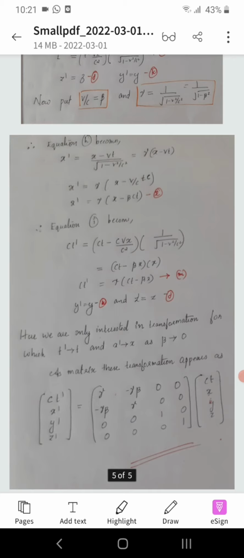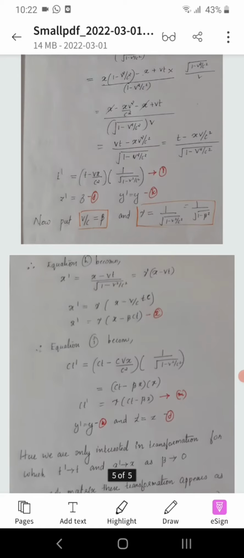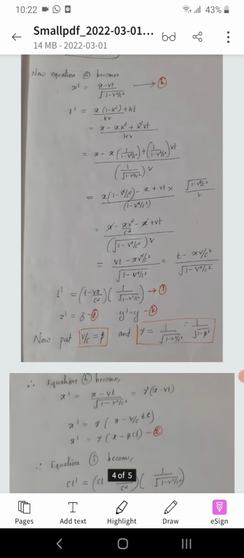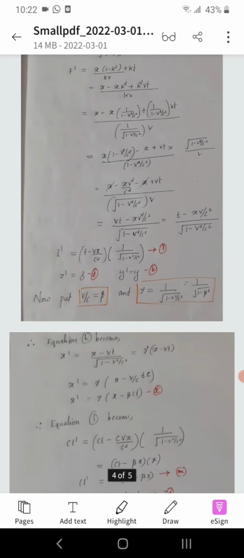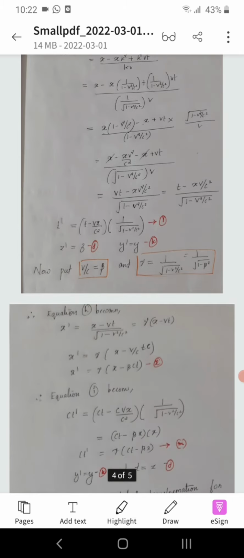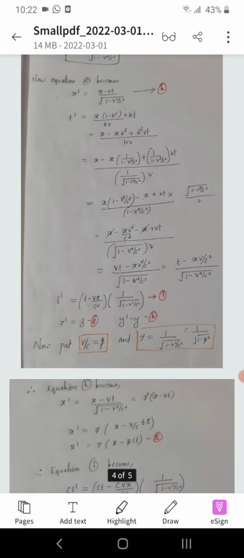Then equation I becomes ct prime is equal to ct minus cvx by c square into 1 by root of 1 minus v square by c square. Equation I is the equation of t prime. Here in the equation of t prime, we are multiplying the term c on both the left hand and right hand side of the equation.